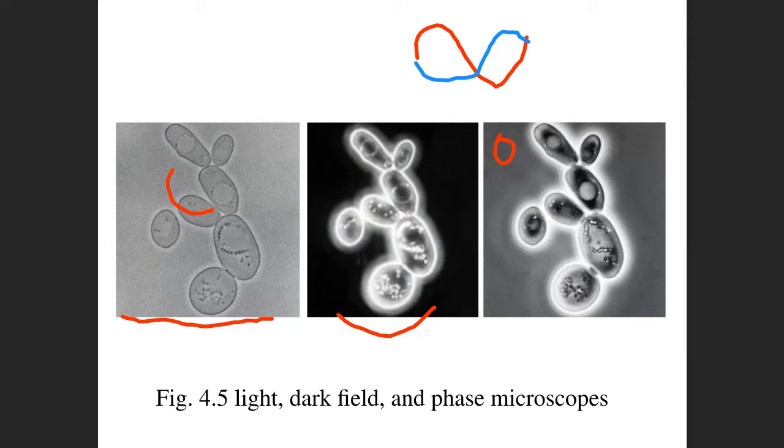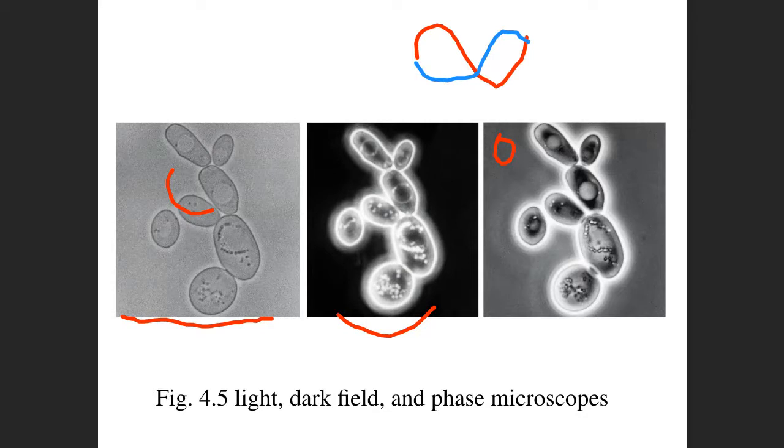And so the bacteria becomes black, and the advantage of that is the interior structure is much more visible now. It's in higher resolution. And if you compare the phase contrast with the dark field, the dark field makes things stand out.